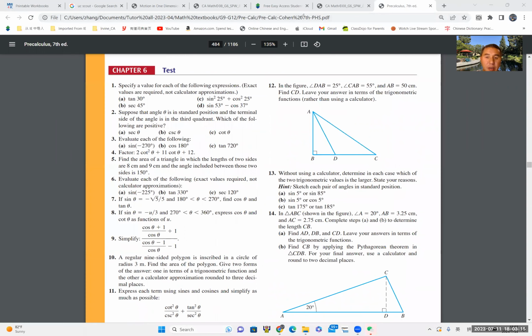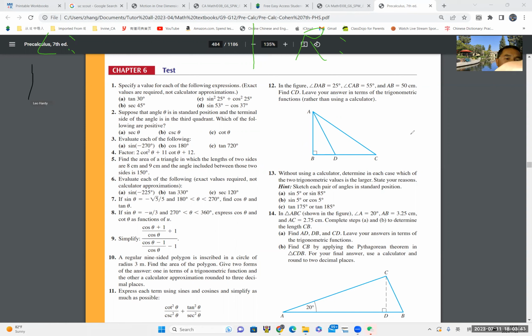Probably 10. Do you guys finish all of them? No, not 10. I didn't really understand how to do 10. Neil, write your problem. Ray, right side. For 10?